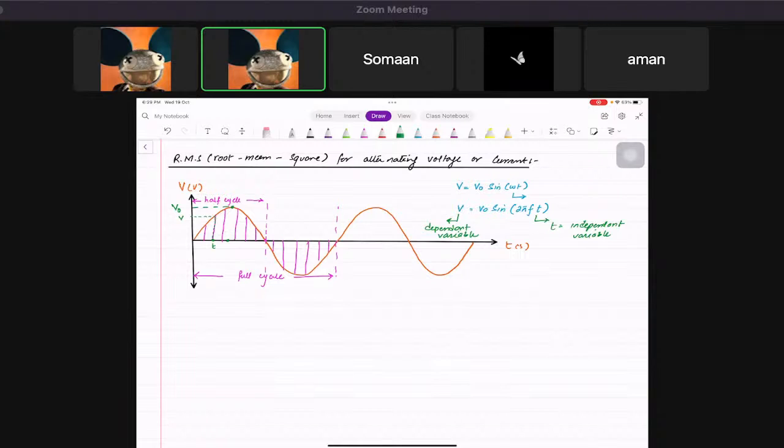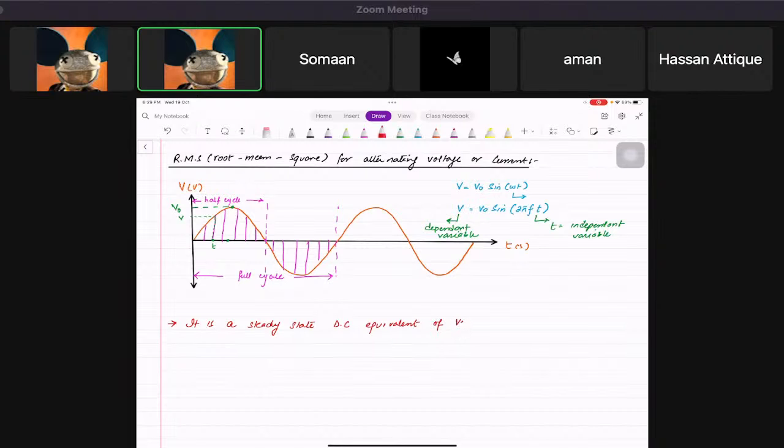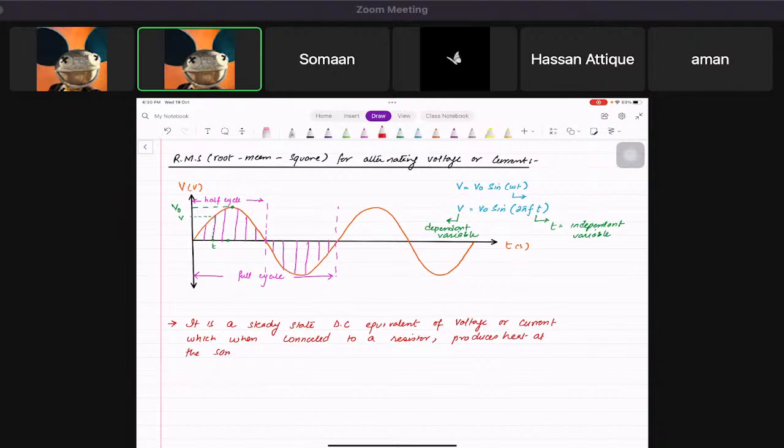So we need to understand that it is a steady state direct current equivalent of voltage or current which, when connected to a resistor, produces heat at the same rate as the heat produced by the alternating waveform if connected to the same resistor.